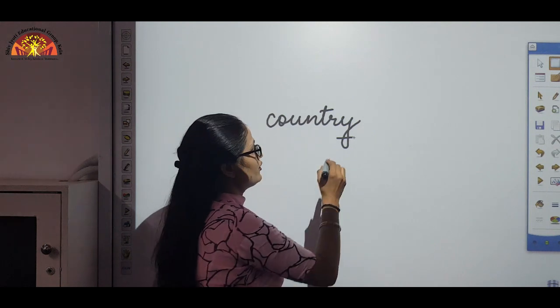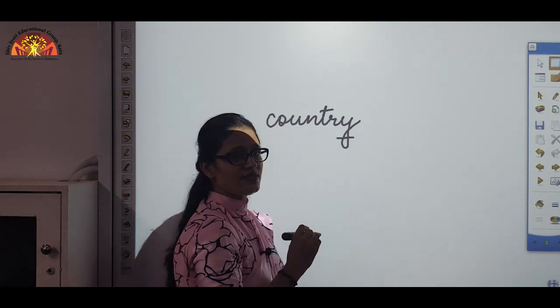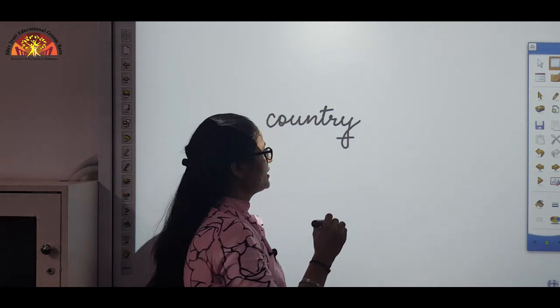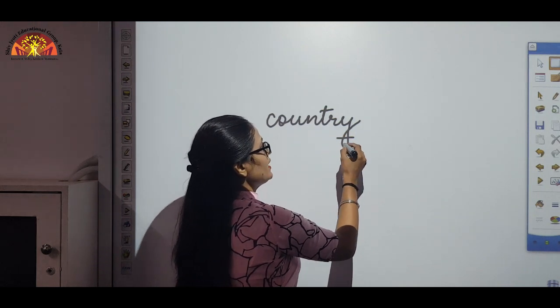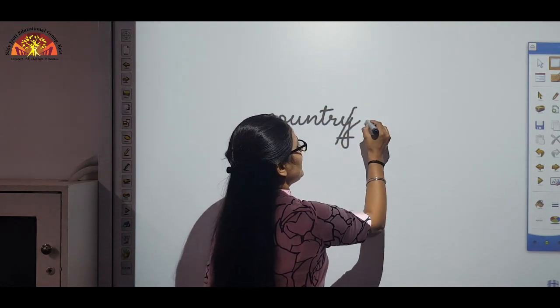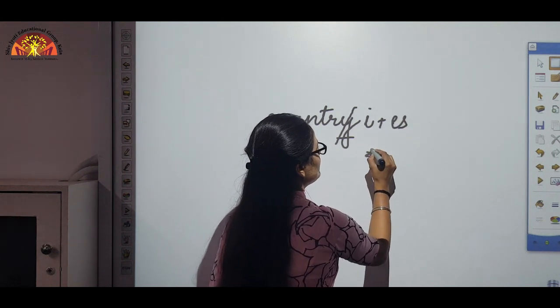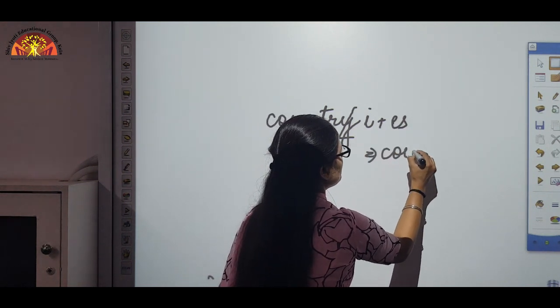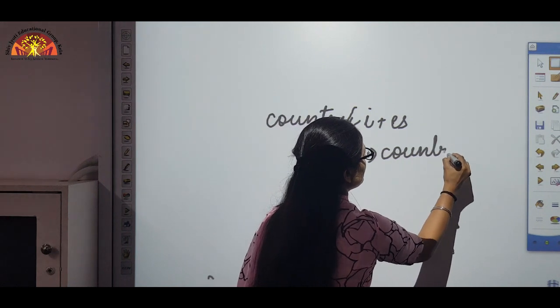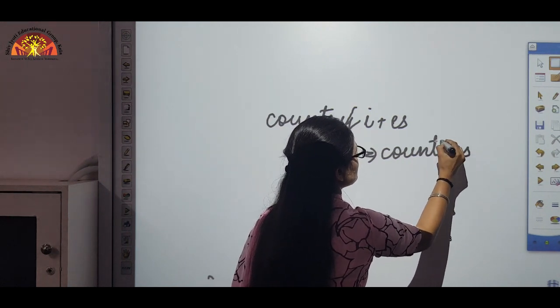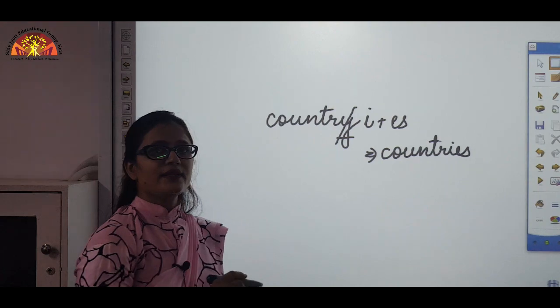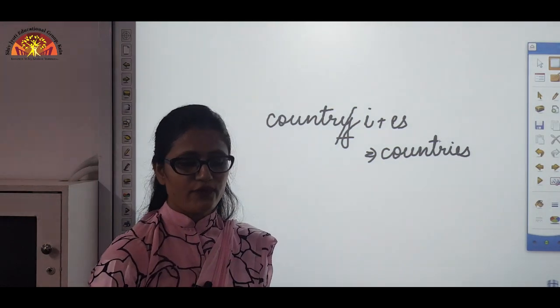Now what I will do, before Y I have to check whether there is a vowel or a consonant. If a consonant is there, I will just remove Y and add I, then I will add ES to it. Now my word will be countries. The proper plural word will be countries. Like this you can convert the word into plural form.